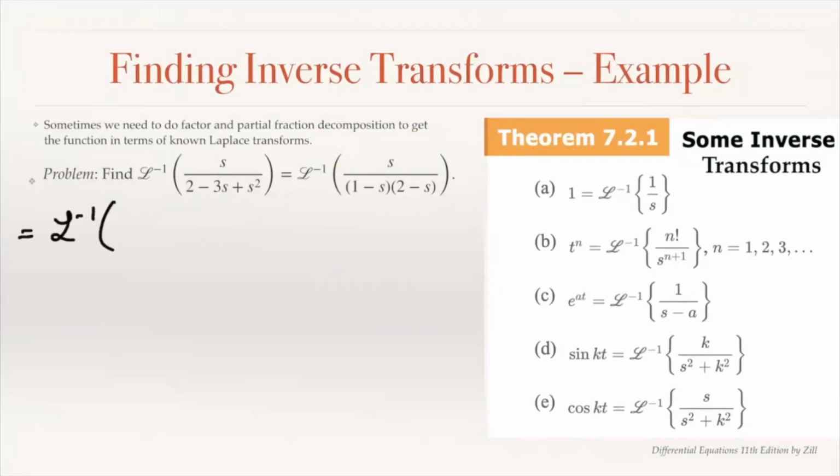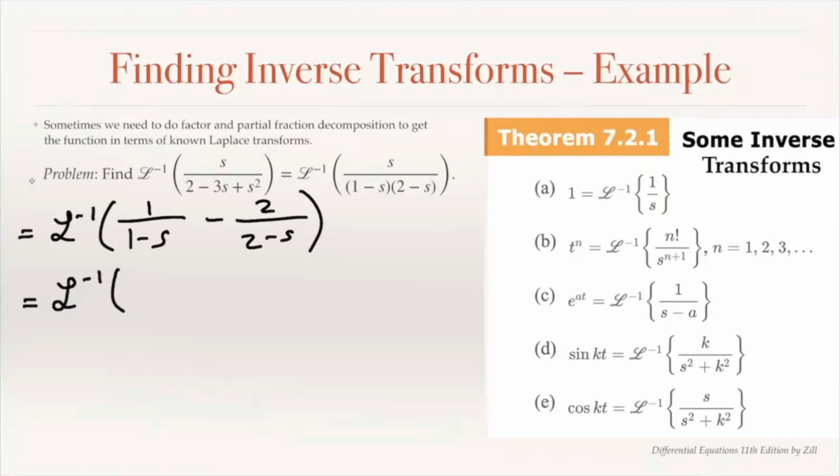So we have found that this is the inverse transform of 1 over 1 minus s minus 2 over 2 minus s. Let's pull out a minus sign from each of these because we want it to be s minus a, not a minus s. So this is the same as negative 1 over s minus 1, plus 2 over s minus 2.